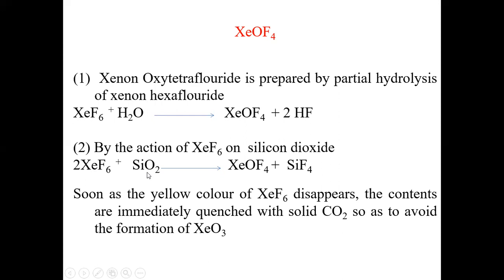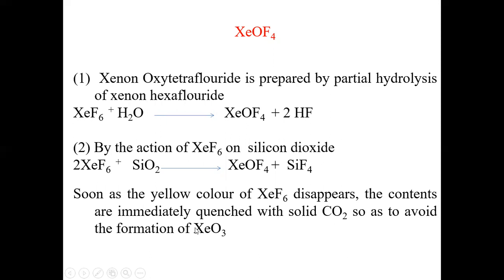The xenon, oxygen and 4 fluorines react, and the remaining fluorines form the silicon tetrafluoride. As the yellow color of the hexafluoride disappears, you get a colorless liquid, that is xenon oxytetrafluoride.